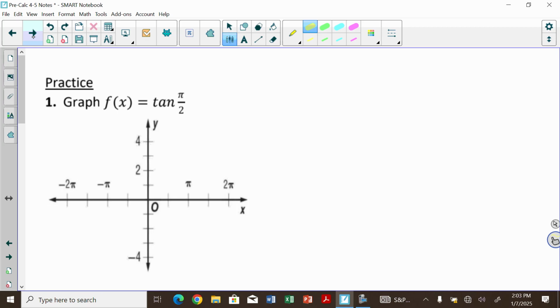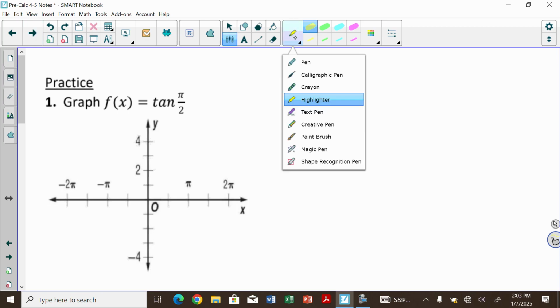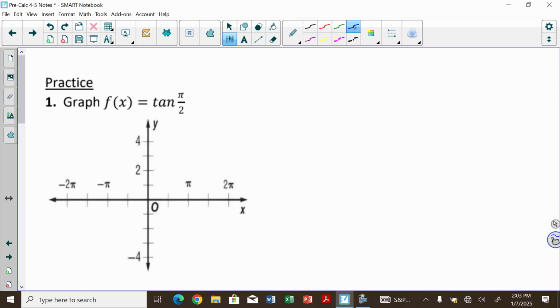All right, so let's first take a look at what we have. The first thing is our function, f of x equals tangent of pi over 2 x. Remember, our b value here is actually going to be 1/2, because we have 1/2 pi basically.